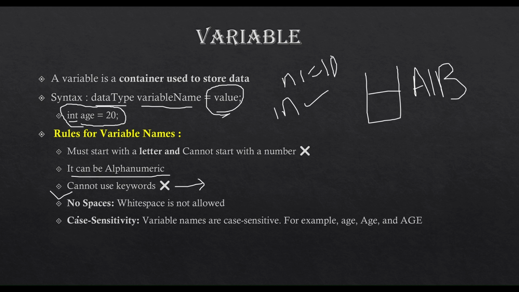In the next rule, it says no spaces. During creation of a variable you are restricted from using a space. Suppose I want to create a variable like int, I cannot write a space b, because that's invalid according to our rule. I can use an underscore here, because underscore is allowed.